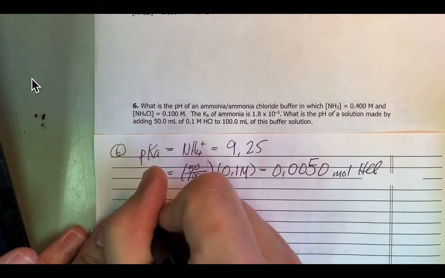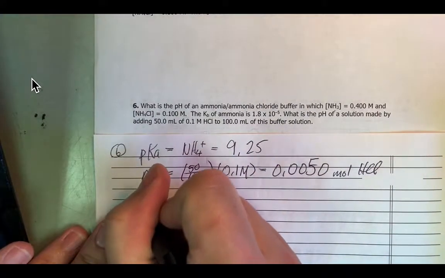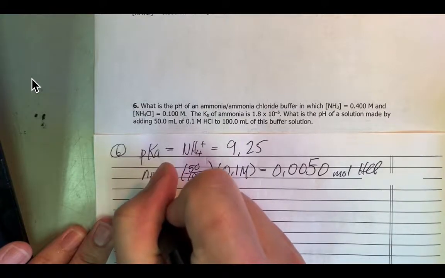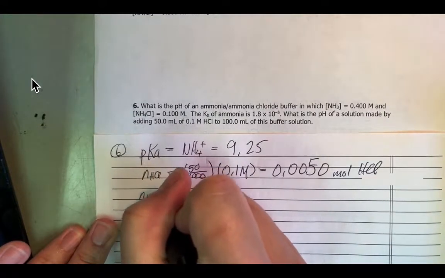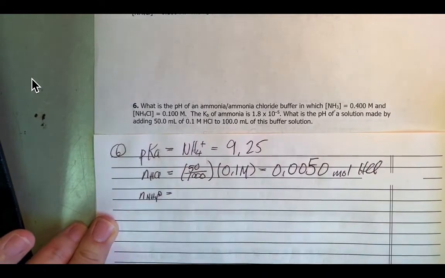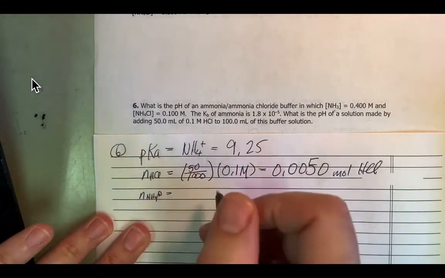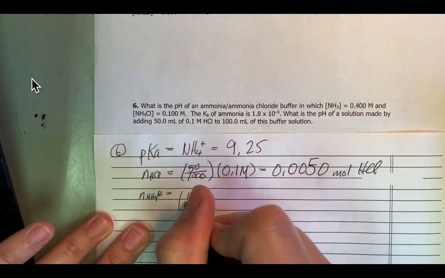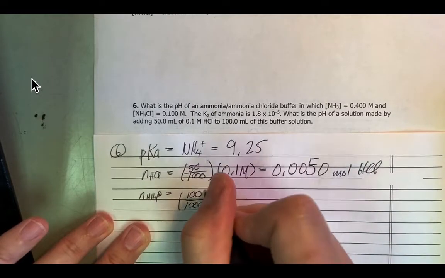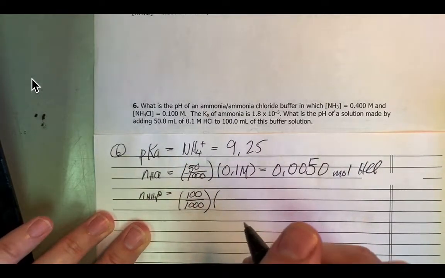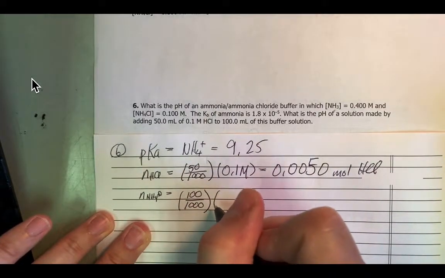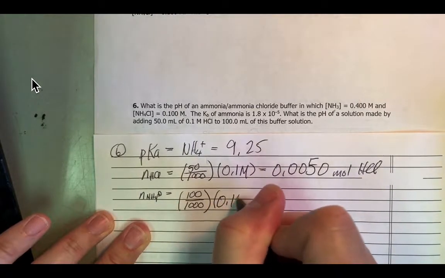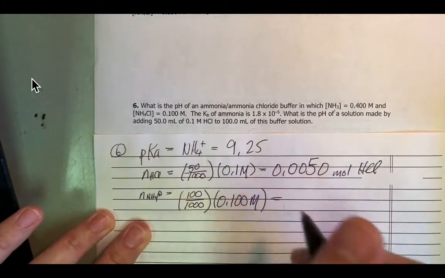What else we got in there? So before we mix them together, we've got NH4 plus. How much ammonium did we have before we added this HCl? I'm going to do a similar type of calculation here. 100 mLs. I'm going to divide by 1,000 to convert that into liters, and then multiply that by 0.100 molar.